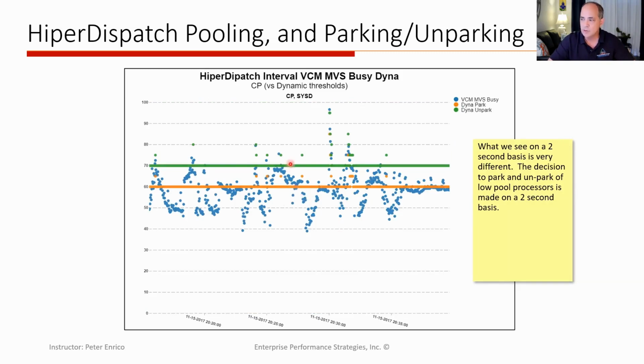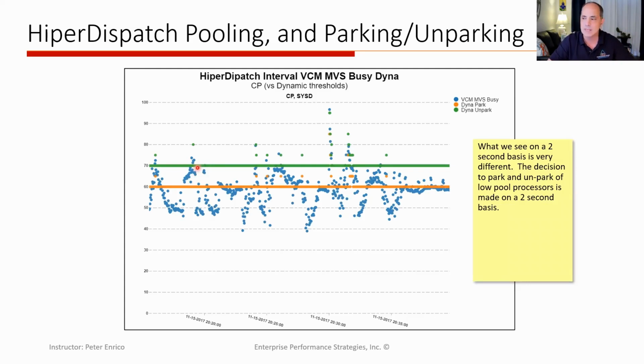The orange and green are the threshold values that WLM is using to decide when to park and unpark a processor. The green and orange lines on this chart are dynamically adjusted. Right now they haven't changed at all, but if you do capping, or change the number of processors, the weights or something like that, you're going to see these values change as well.